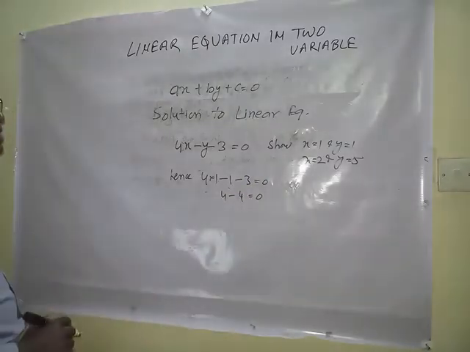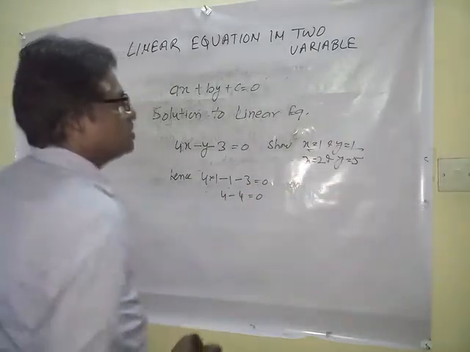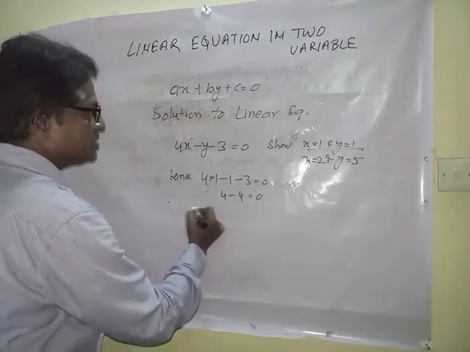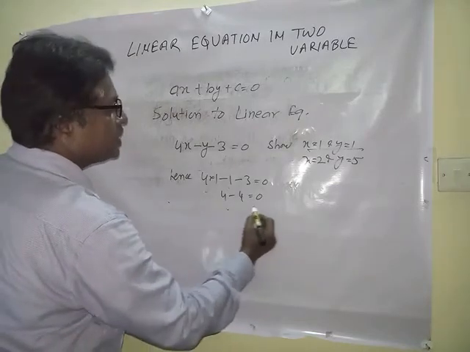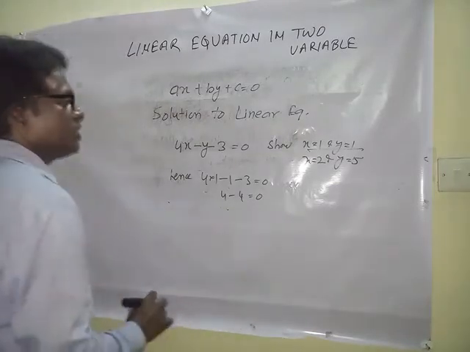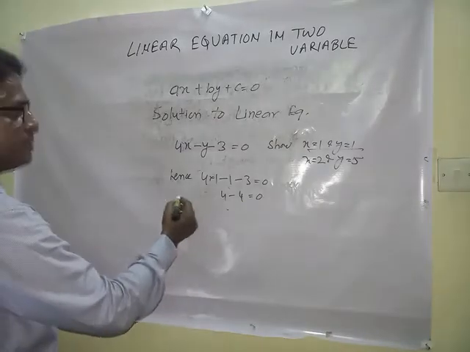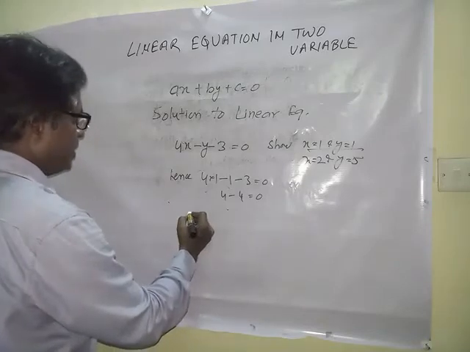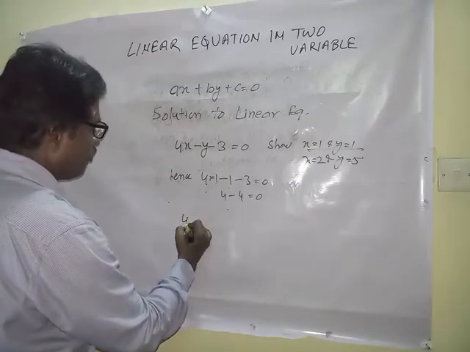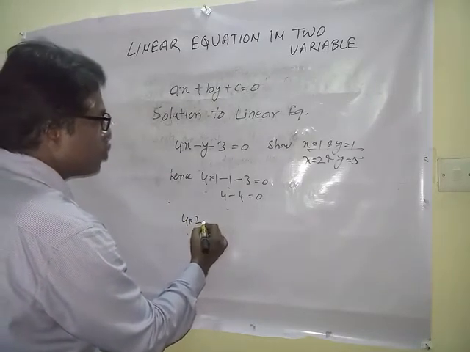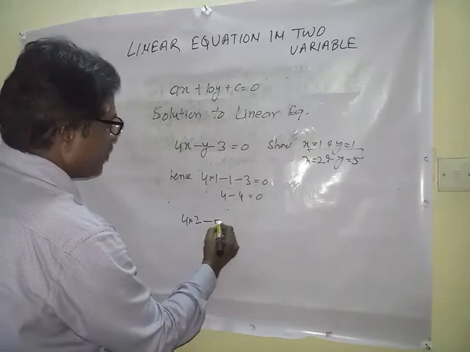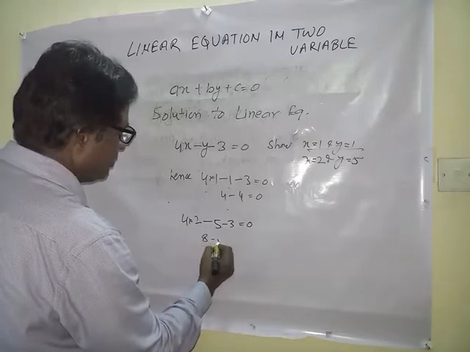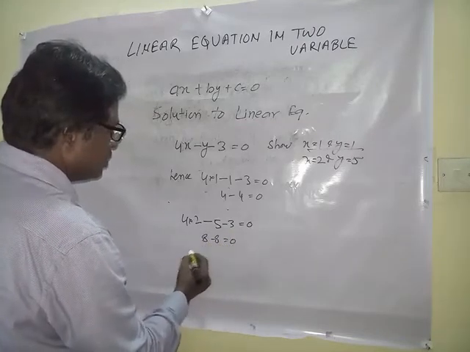So this set of x and y values is a solution to the equation. Hence x is equal to 1 and y is equal to 1 is a solution to the equation. Now secondly, let us apply the values x is equal to 2 and y is equal to 5. Here you will do 4 multiplied by 2 minus 5 minus 3 is equal to 0, 8 minus 8 is equal to 0.